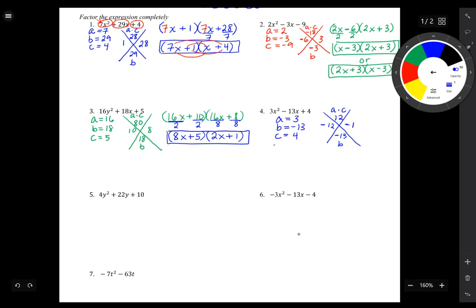So I'm running out of room, so I'm going to put here 3x minus 12 and 3x minus 1. This one is the second set of parentheses. You can't simplify that any further, but this first one you can divide by 3. So x minus 4 times 3x minus 1.